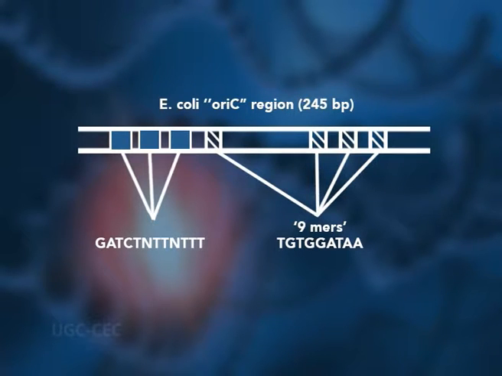It contains a tandem array of 3 13-mers with nearly identical sequences. Each begins with a GATC, a sequence that appears 11 times in the ORI site sequence, many times more often than would be expected on a random basis.